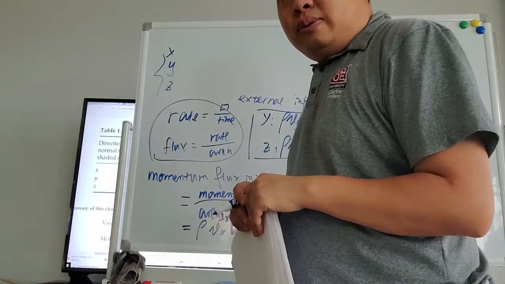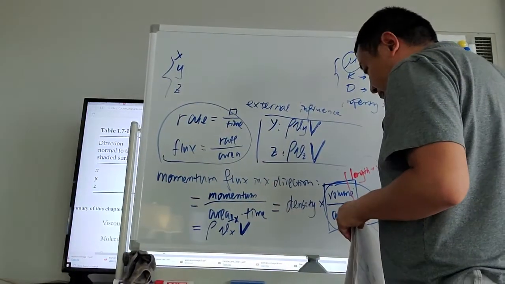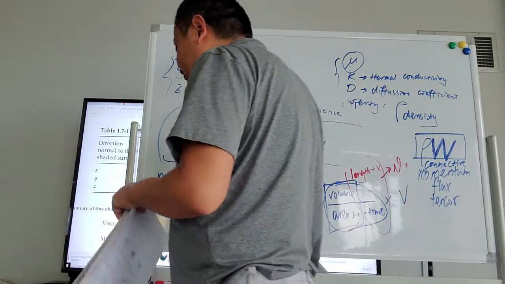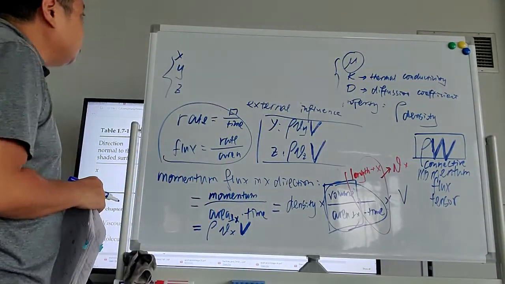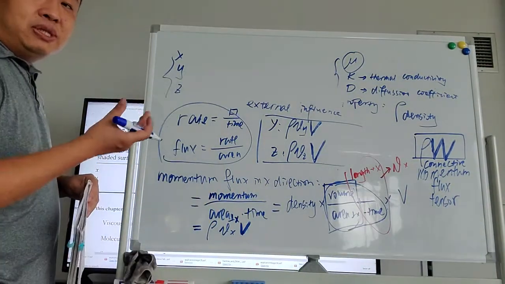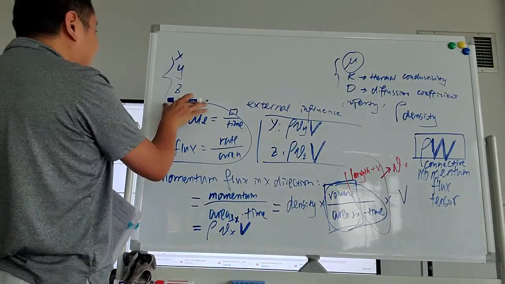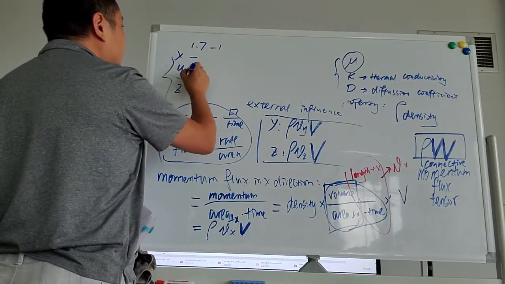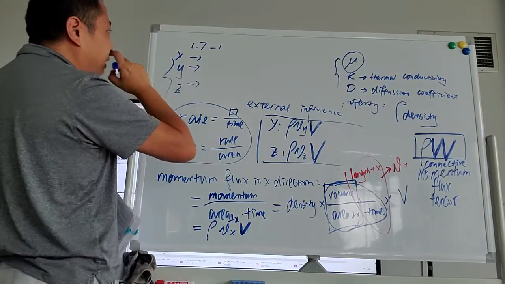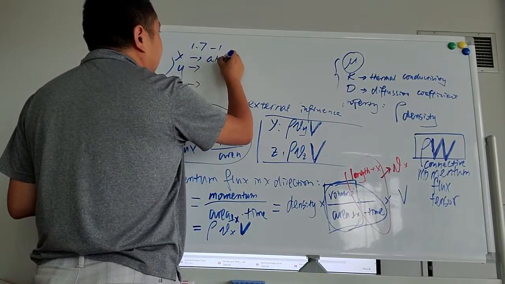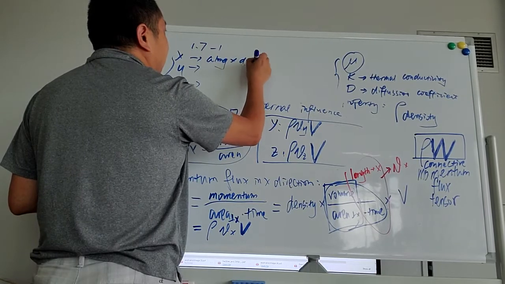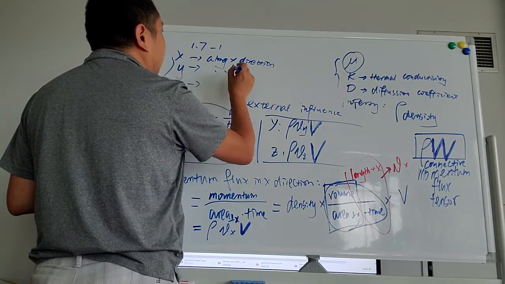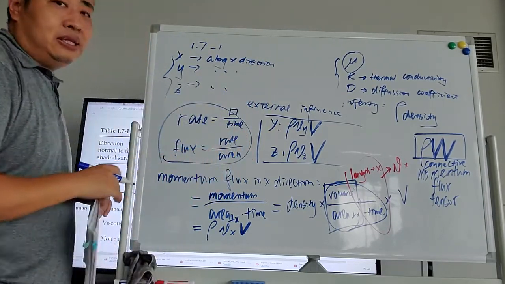So for this table and the other table, when we talk about the generalization of Newton's law of viscosity, both tables are the same for x, y, z. How do you understand it? Basically, along x direction, along y, along z direction.